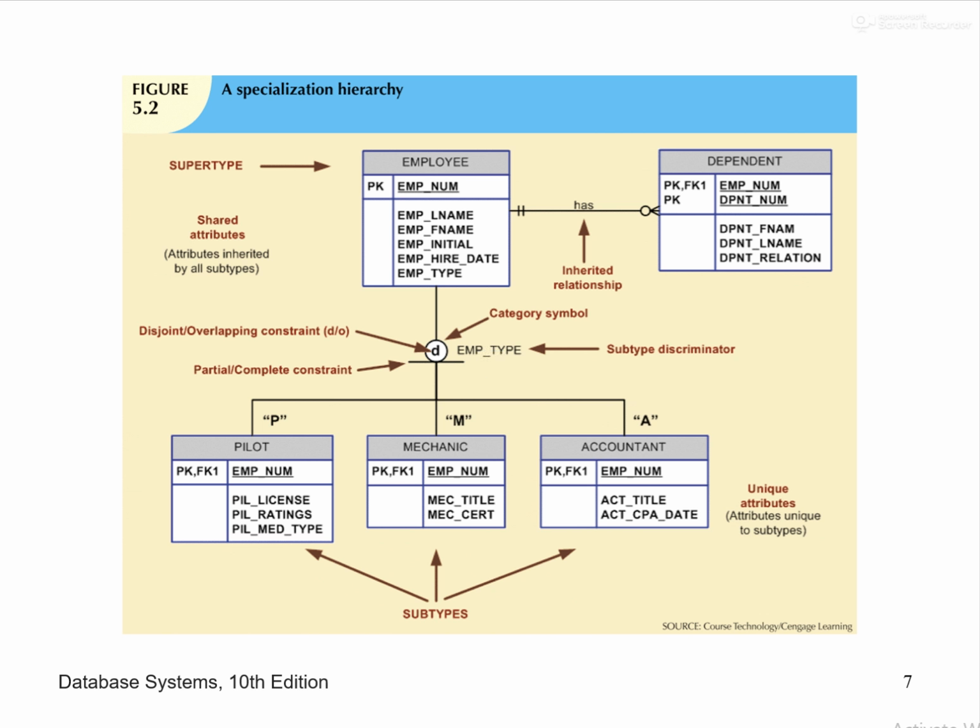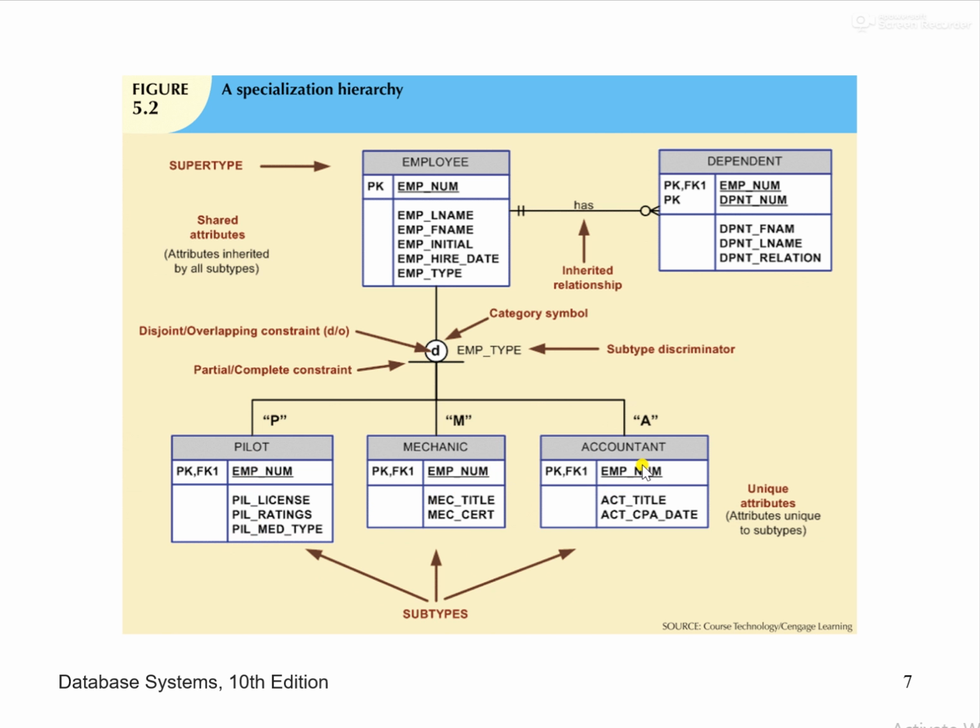As shown over here in this figure, you can see that the specialization hierarchy is formed by an employee, which is a supertype, and then we have three subtypes of employee. One is pilot, another is mechanic, and the other is accountant.